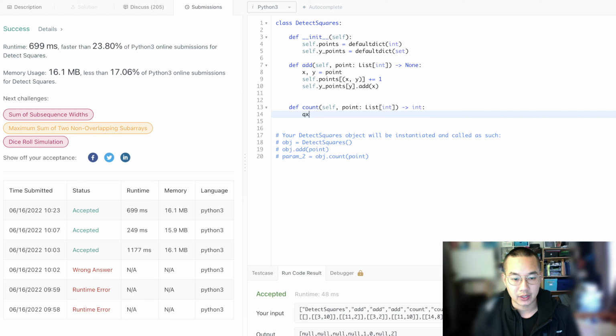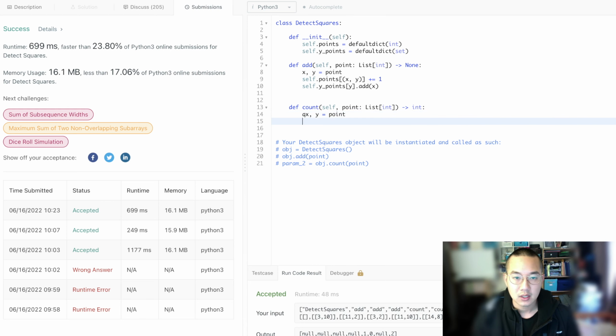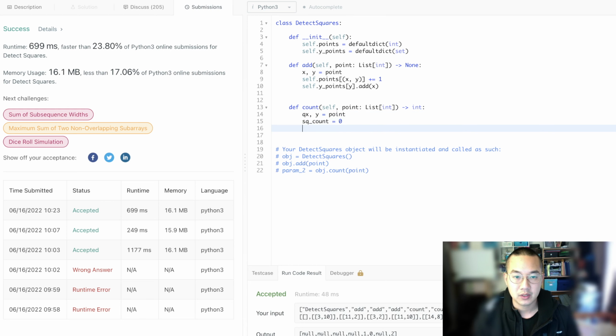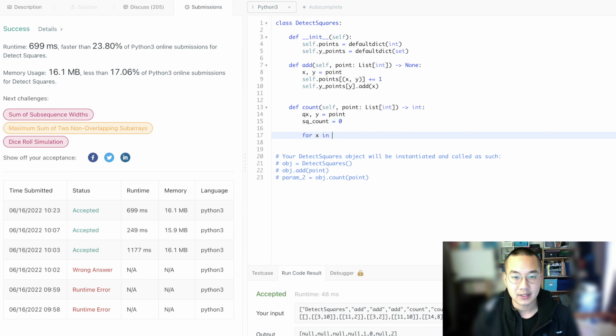So query x and the y point in the query, in the points. Let's do square count equals 0 for x in, so this is for all the x's on the same level of the y points.